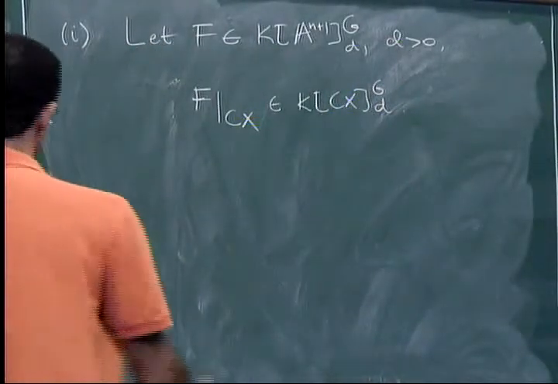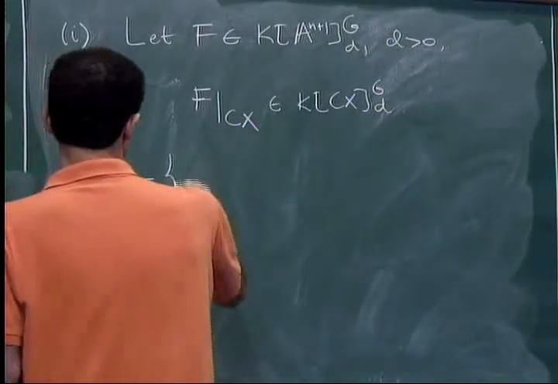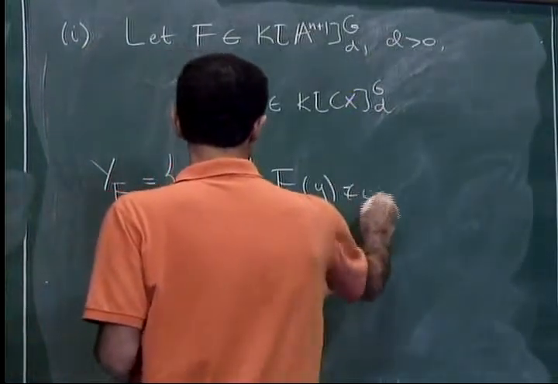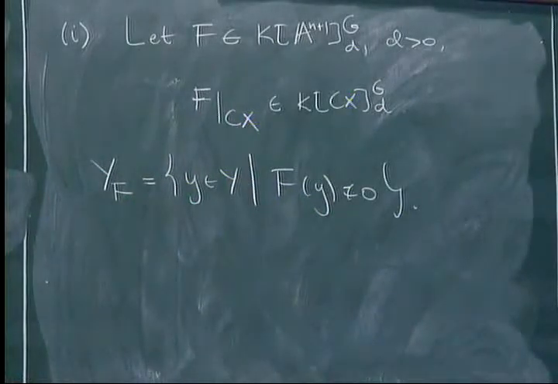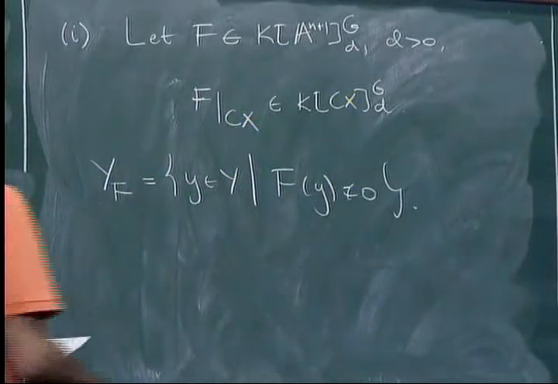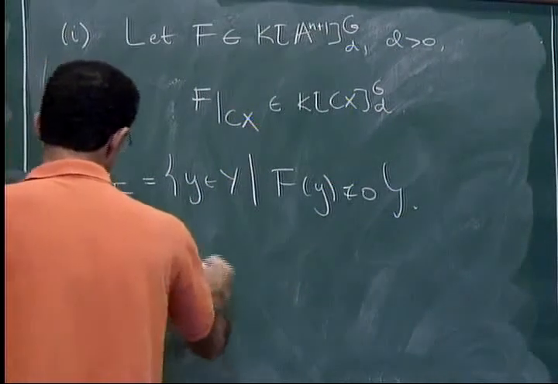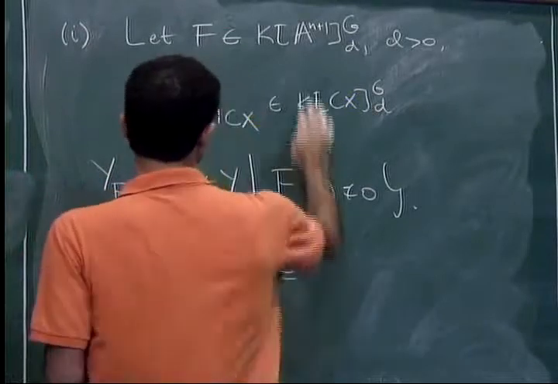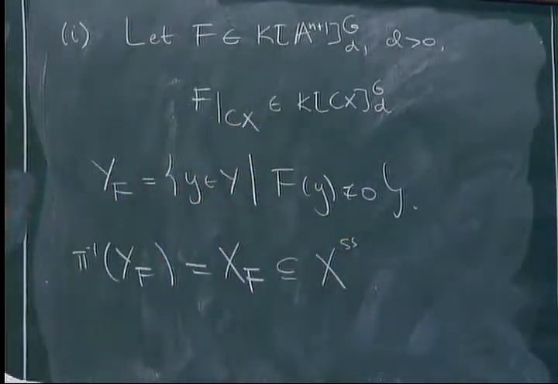So you can consider the principal open subset, the set of points such that F is non-zero, because that F is in this ring here. And the inverse image is simply XF, which lives inside the semi-stable locus by the definition of the semi-stable locus.